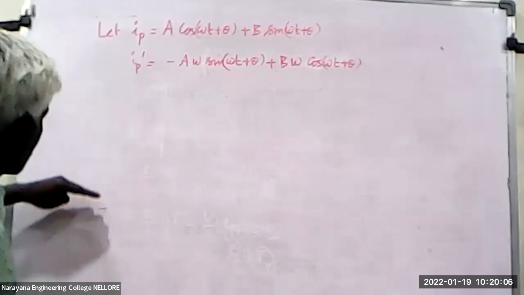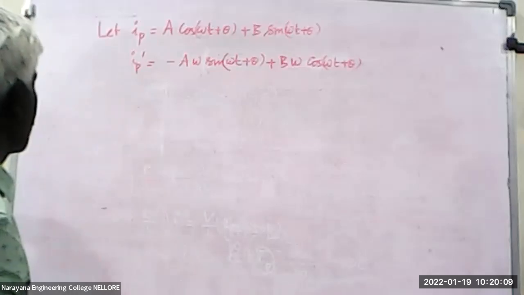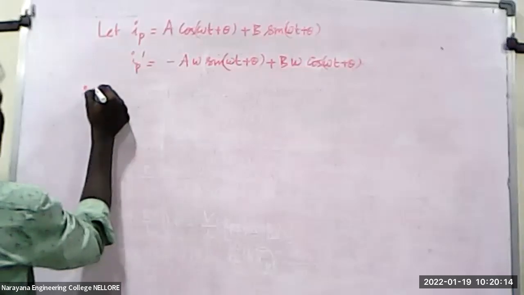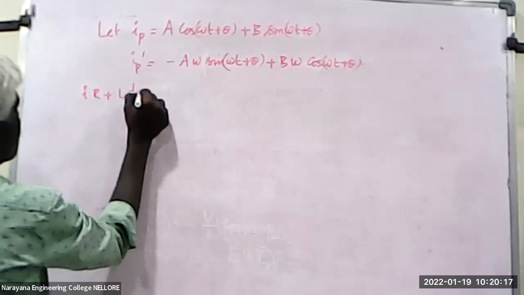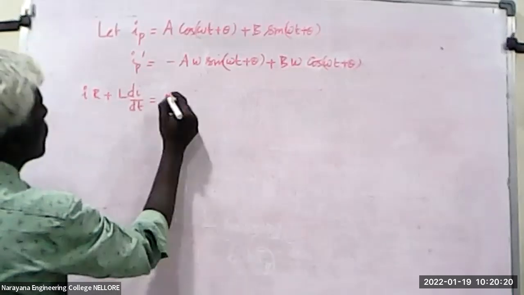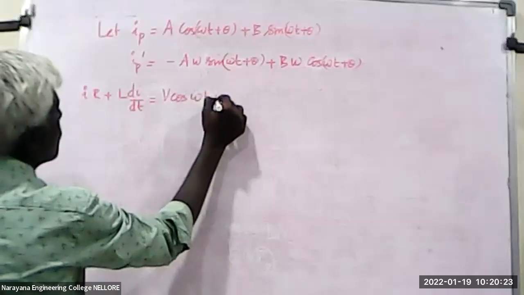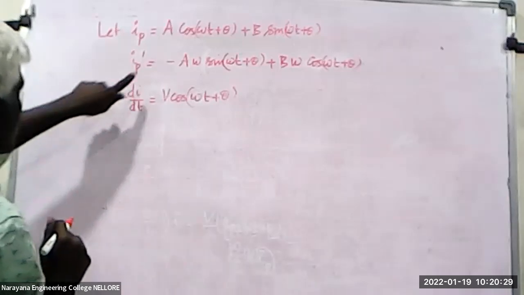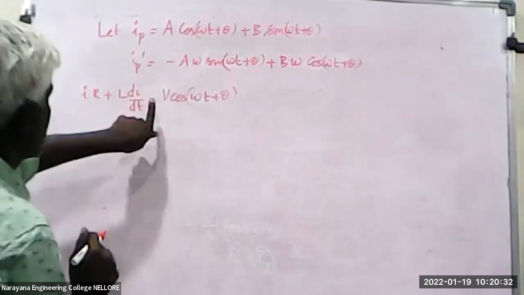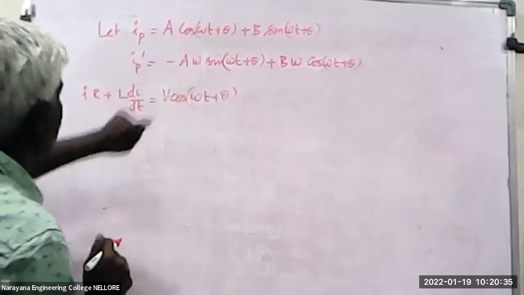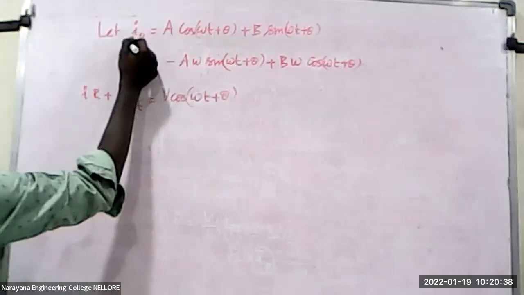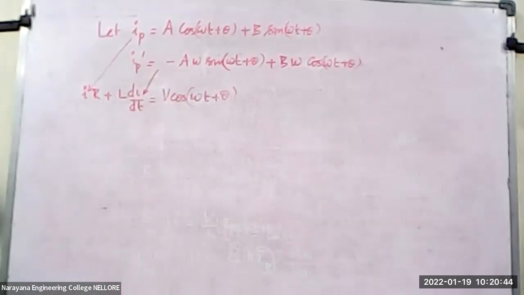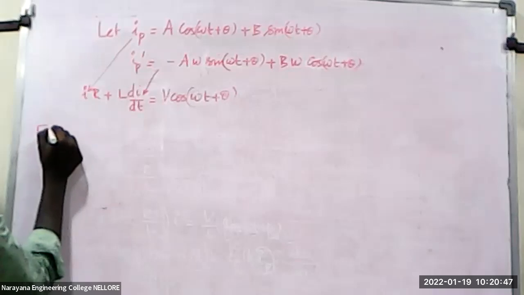We have seen that it is IR plus L di by dt, correct? So I substitute that. So what do I have? IR plus L di by dt is equal to V cos ωt. Since I don't have that one, I am writing this. Okay, you need not write. So now I need to substitute this I. This is my I. This is my derivative of I. So both the things I substitute. Instead of I, I substitute this IP, and instead of this di by dt, I substitute this. So what do I get?